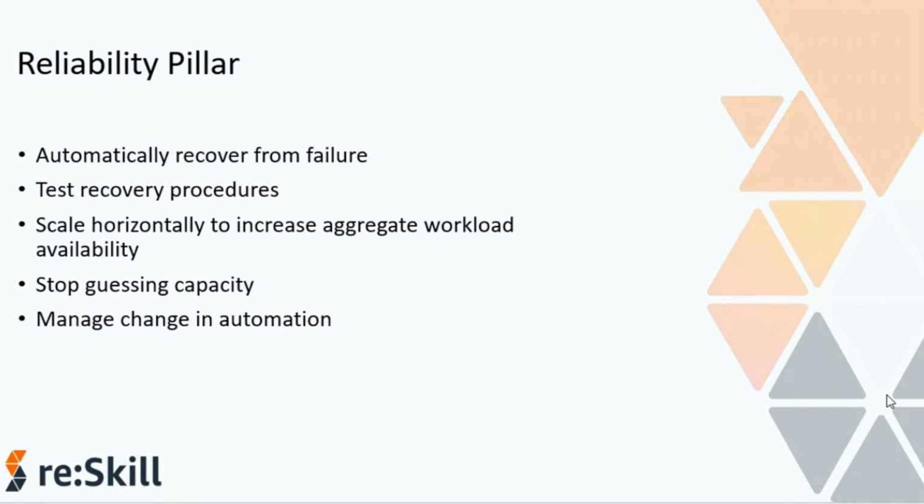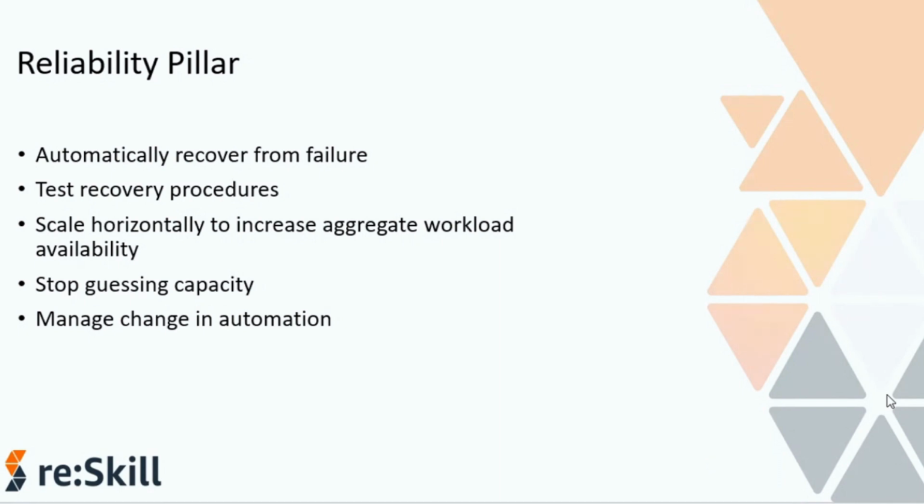We should stop guessing capacity. It's not an on-premise world where we say we need a 500 GB box and we are only utilizing 100 GB. We should take decisions based on the actual utilization or the actual performance of the system.